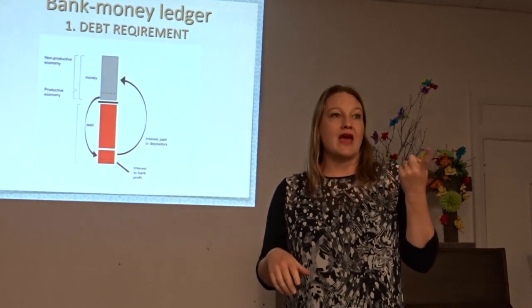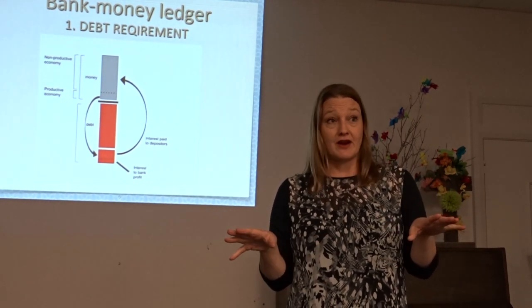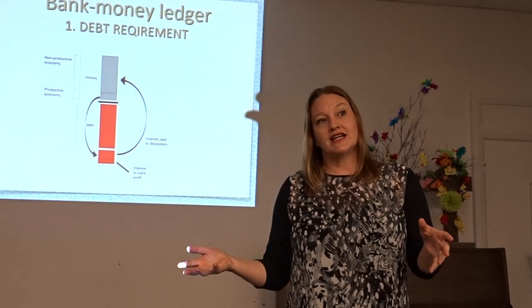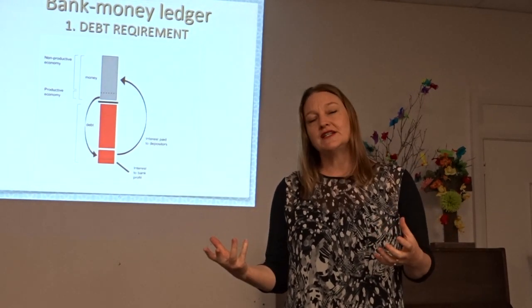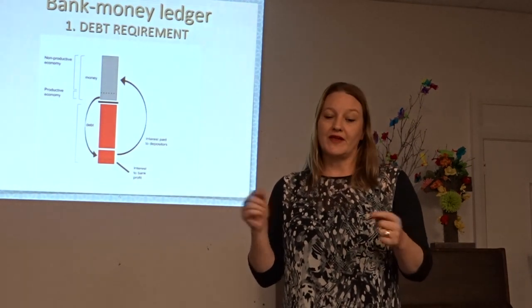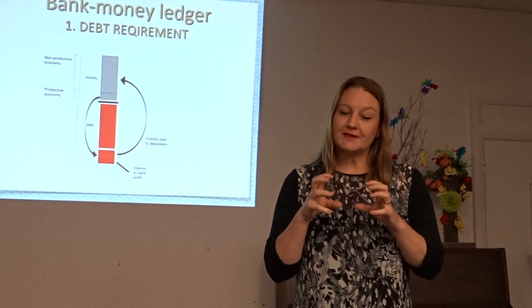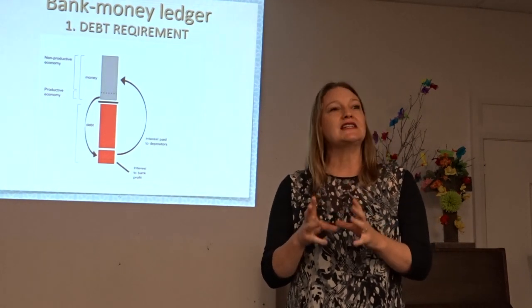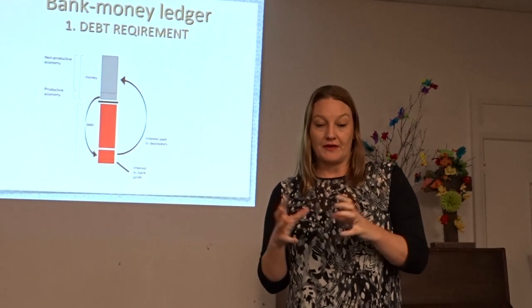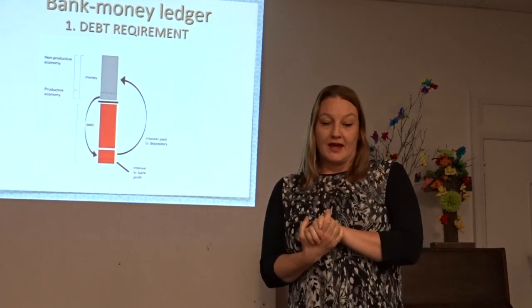So even if you haven't got a mortgage on your house and you're debt-free, all the goods and services in our society have that cost of the debt built into them. So effectively we're all paying for this money to be there. It's like renting our money supply off the banks. And so that's a cost.